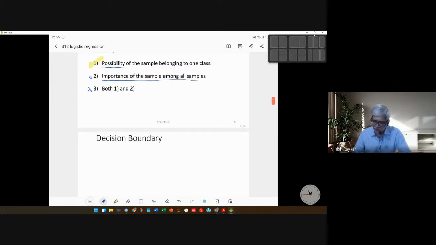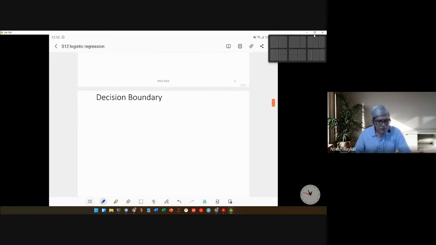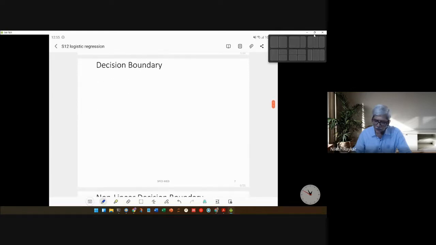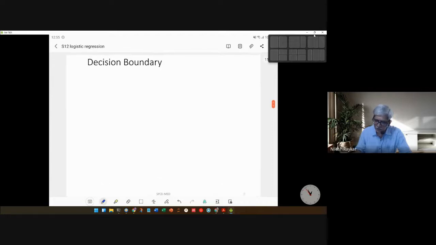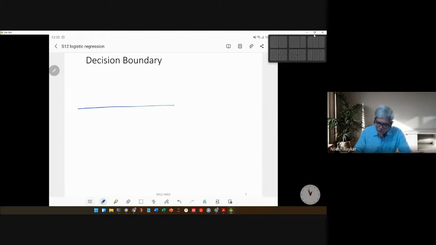It has some interesting understanding. Let's consider the nature of this logistic function. We have seen the logistic function. It is exponential.